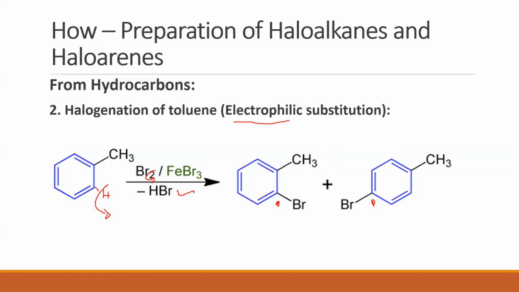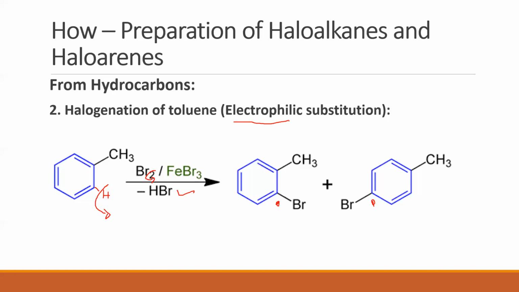Now, this is a reaction that you studied last year in benzene. Which were the electrophilic substitution reactions that you studied? Yes. Chlorination, alkylation, acylation, nitration, and sulfonation. These were the various reactions that you studied under electrophilic substitution last year.